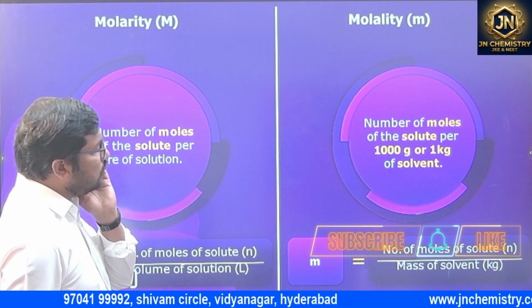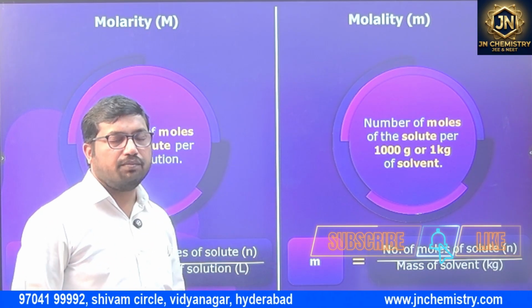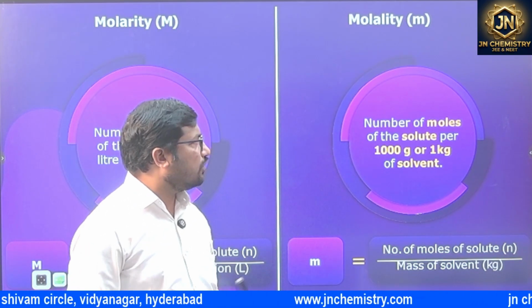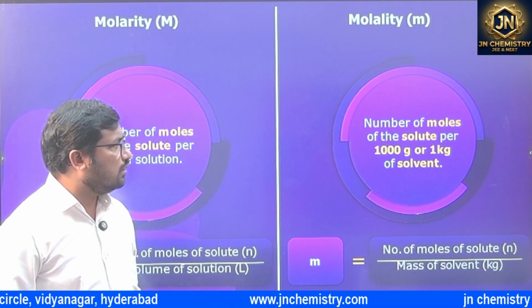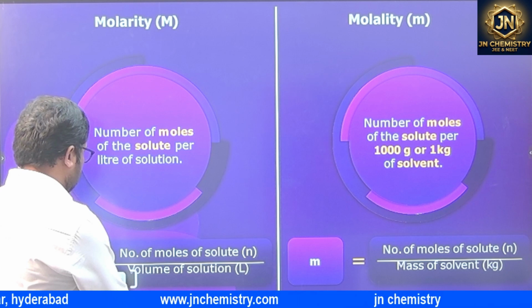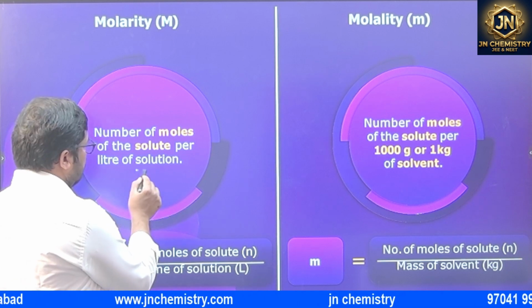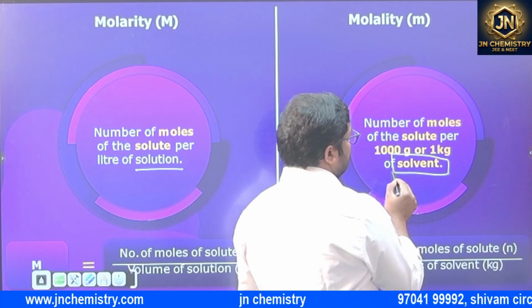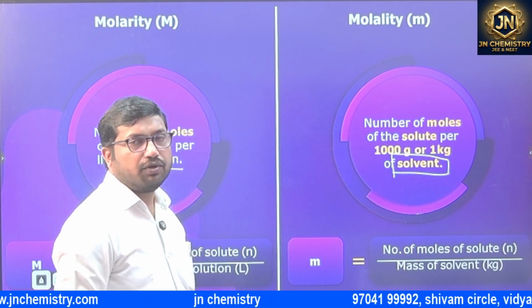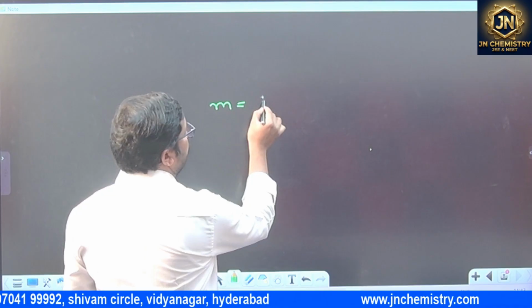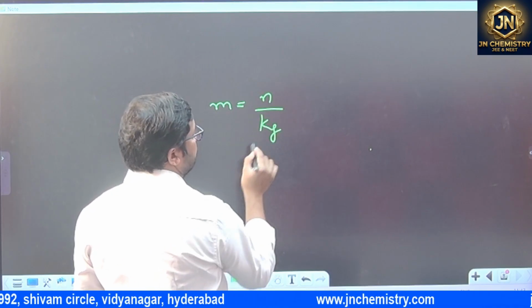Next, what is molality? Number of moles present in 1 kg of solvent, right? Write it down: number of moles of solute per 1 kg of solvent. Here it is solvent, not solution. Solvent is very important: the number of moles present in 1 kg of solvent. So molality is equal to number of moles by kg of solvent.